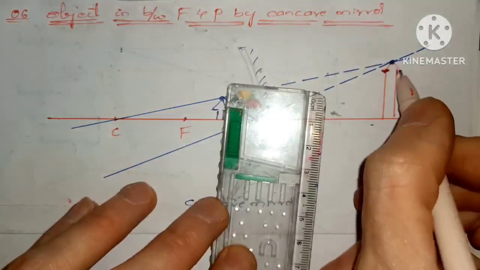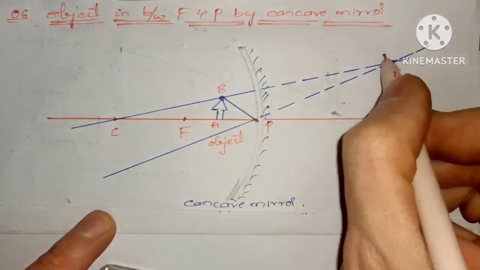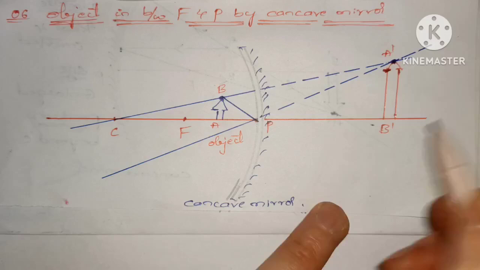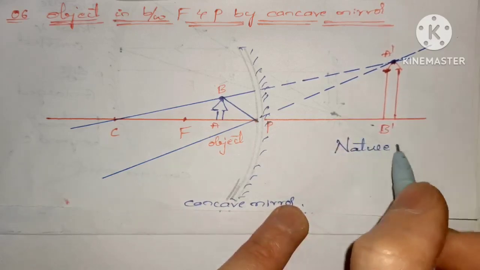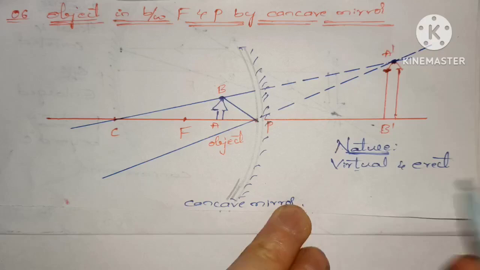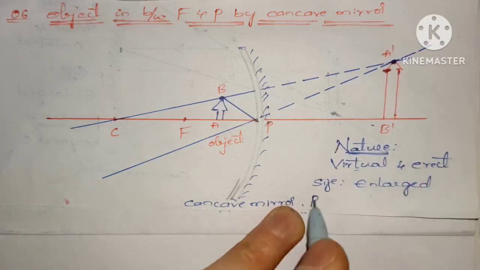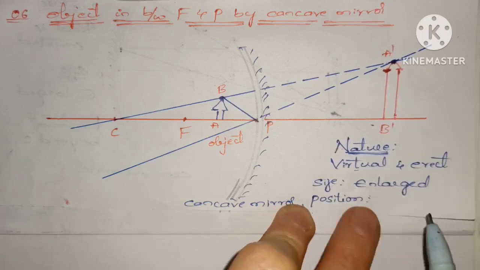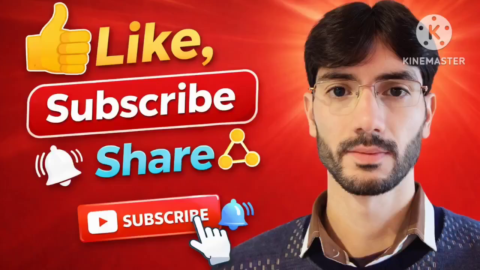Now you keep here, don't keep an inverted image, it is a virtual image, virtual and erect image. Now you write the nature of the image. As I have told you, for the last construction, when we keep the object in between F and P, we will get virtual and erect. Size is enlarged, position, you have to write, after the mirror.